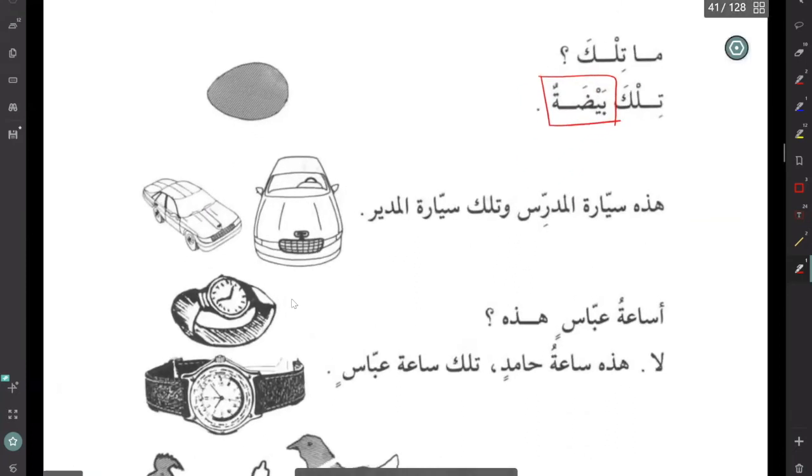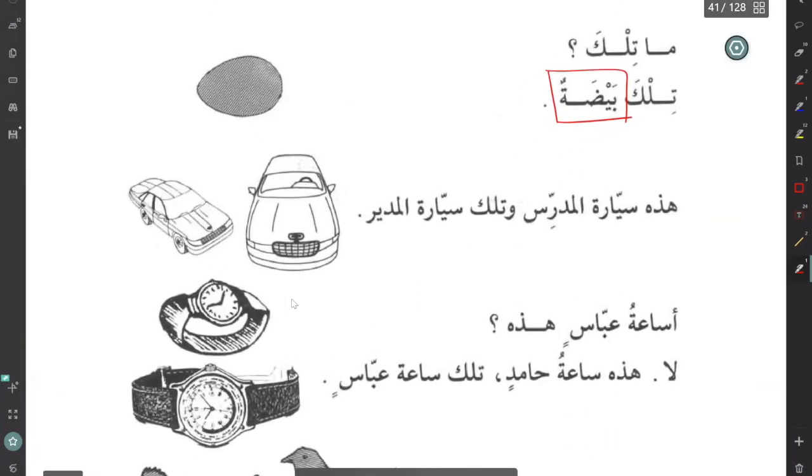And then we have what looks like a big sentence, but honestly it's not. It says هذه سيارة المدرسي. As soon as I see this one, there's an alif lam, and then right after that has alif lam, two words together side by side. If you're not paying attention to this kind of phrase and not recognizing it now, as the sentence gets bigger and you're introduced to adjectives and more other things, you will be confused.